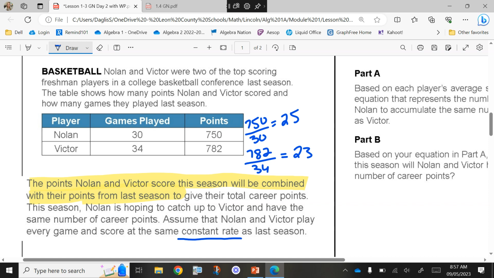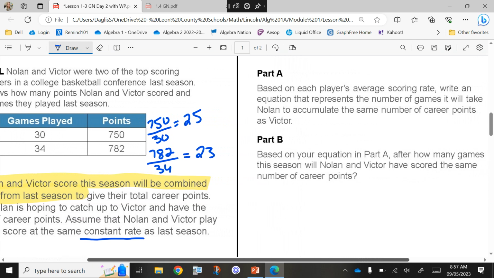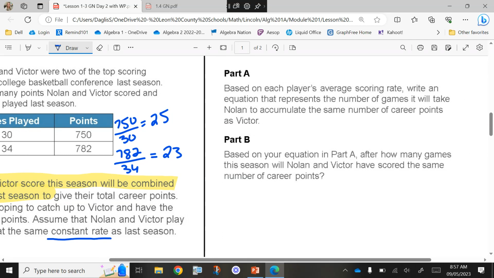So we're going to add their constant rates to their points last season. Okay, so Nolan, he's going to get 25 points per game, and we're going to add that onto the 750 that he got last season.